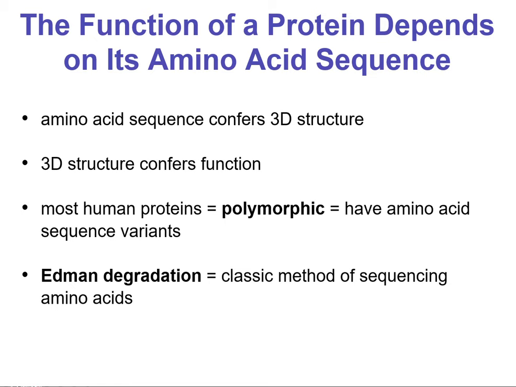Most human proteins are polymorphic, and that means that they have variations in their amino acid sequence. But remember, with the amino acids, we have different classes of amino acids, and you may be able to substitute one amino acid for another and still maintain the overall characteristics.